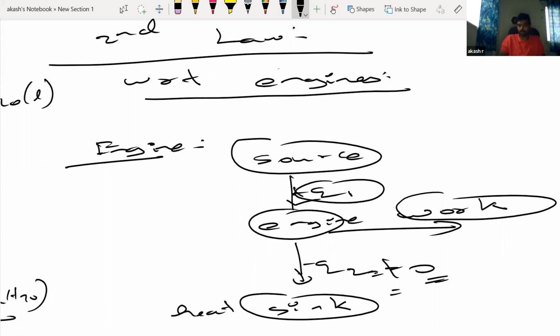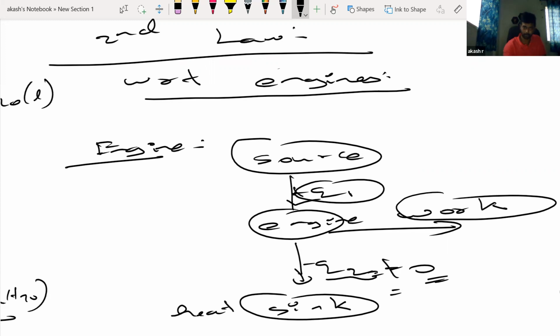I'll repeat the sentence one more time fully. So what it says is that there can be no engine which can convert all the heat given to the engine into 100% work. There will always be a heat loss to the surrounding like this.